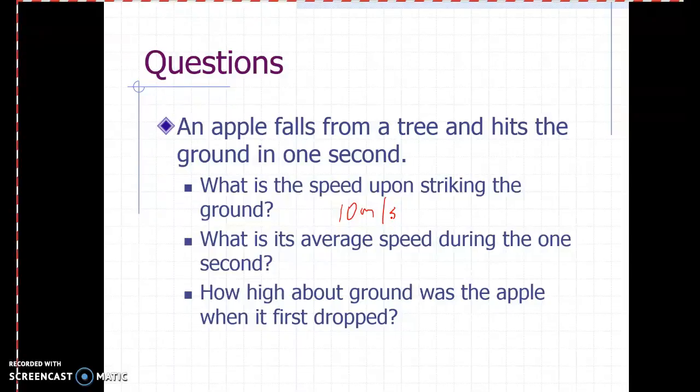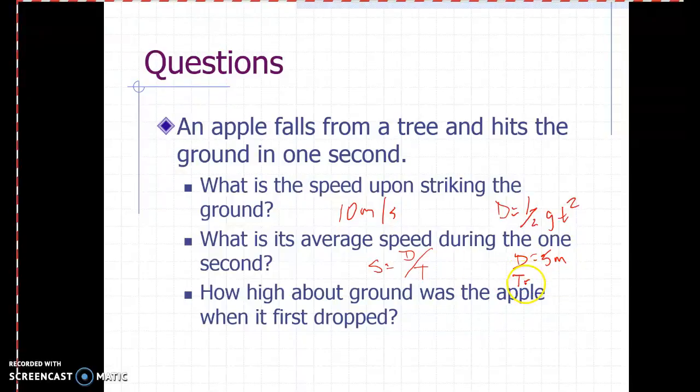All right, so speed is equal to distance divided by time. So you need to figure out the distance. Distance is equal to 1/2 gravity times time squared. So distance is equal to 5 meters. So now we have 5 meters.